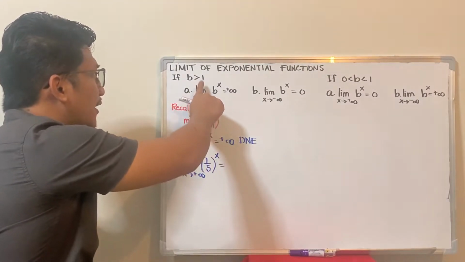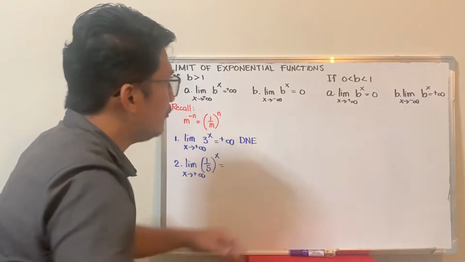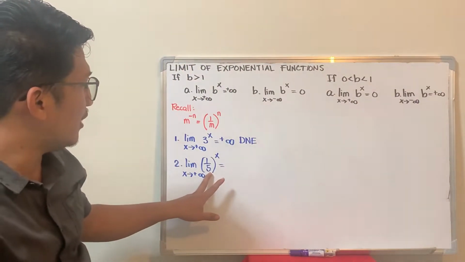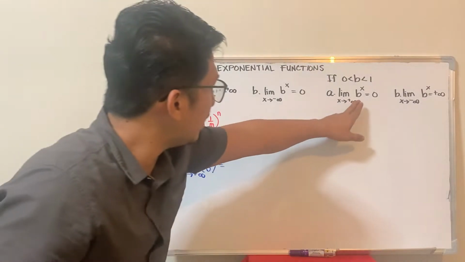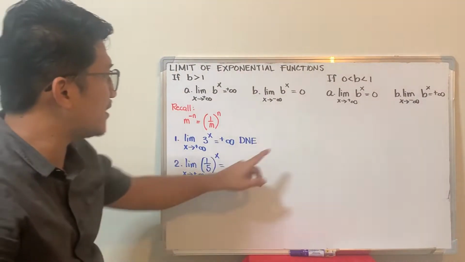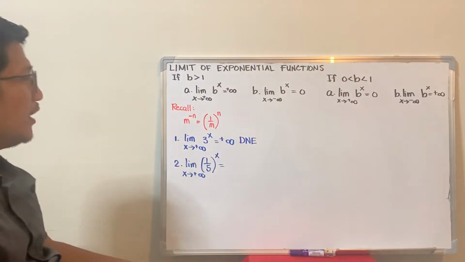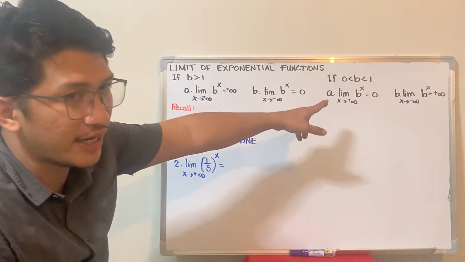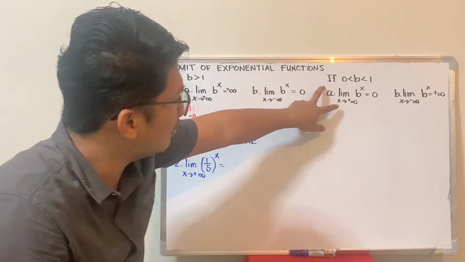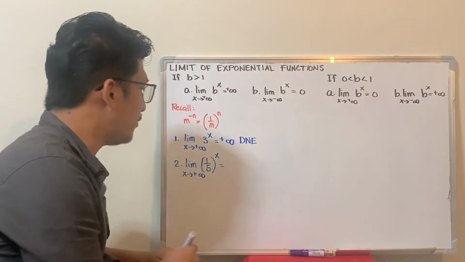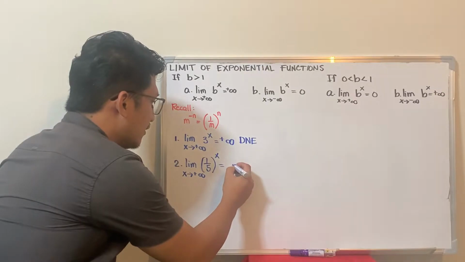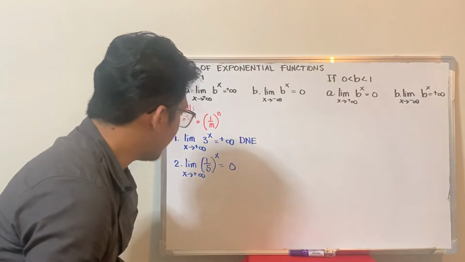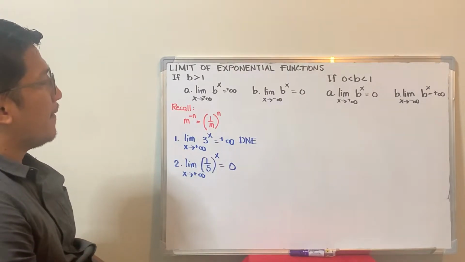So from here, the format is b raised to x as x approaches positive infinity. According to the guidelines, in this format the result is always 0. Of course, 0 is already a real number, so the limit exists. So, that's example number 2.